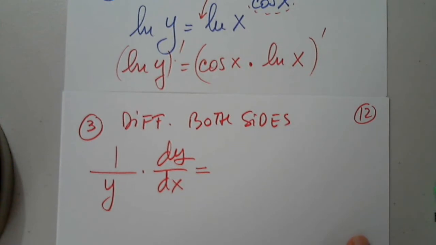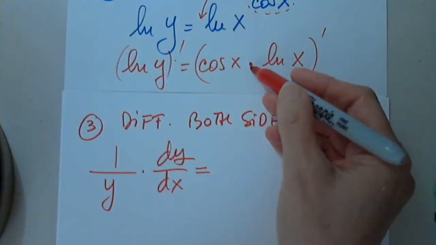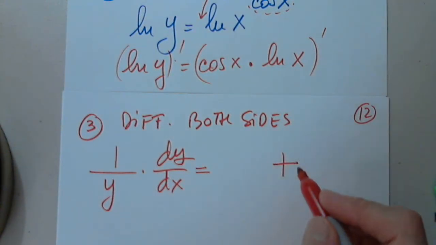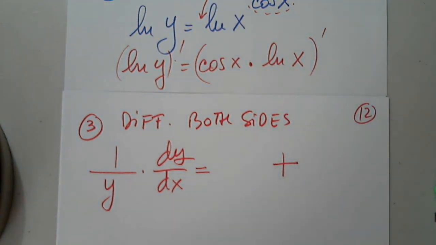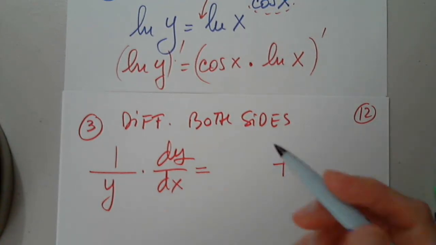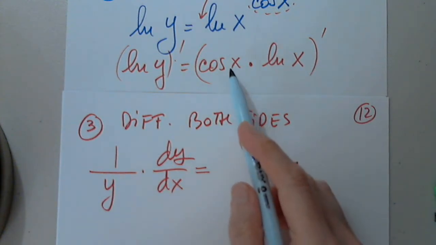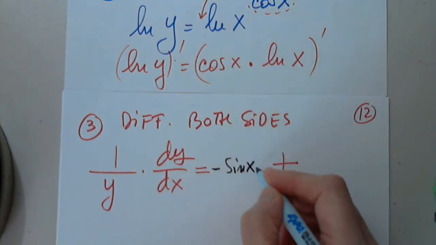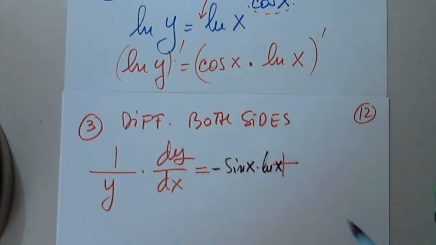Thank you. Good. Now, can anyone differentiate this product for us? And remember, we have to have 2 terms. It's the product rule. We have to come up with two quantities. Sine x, natural log x. Yes, careful, it's negative. Negative sine x times natural log x.